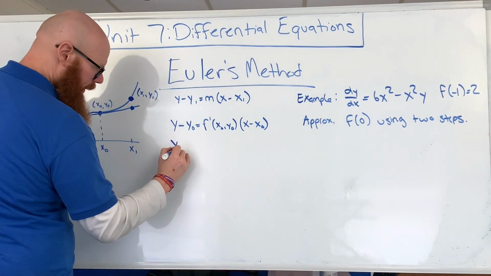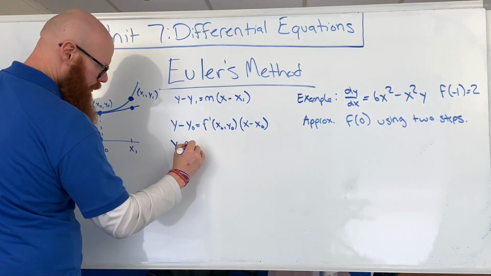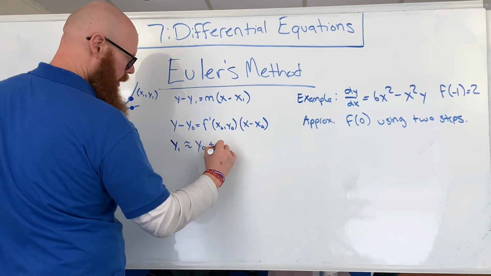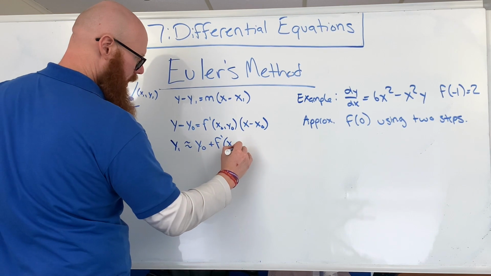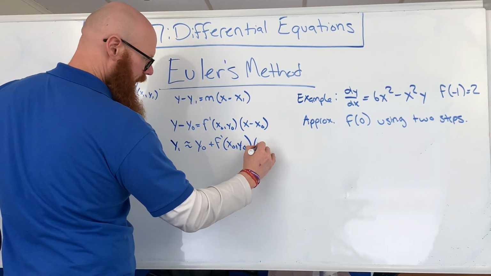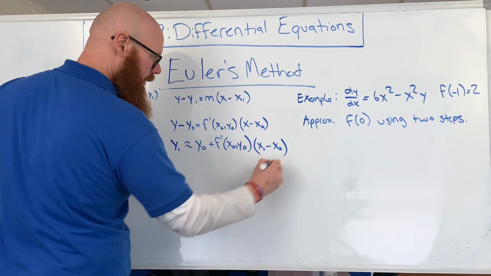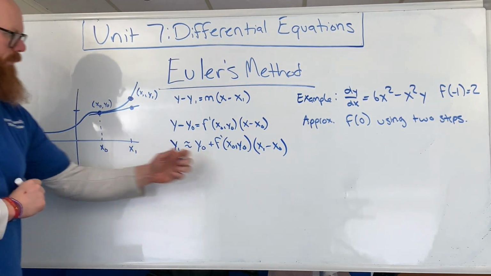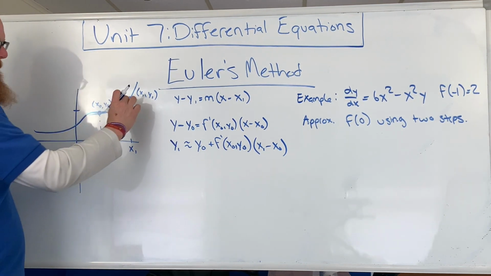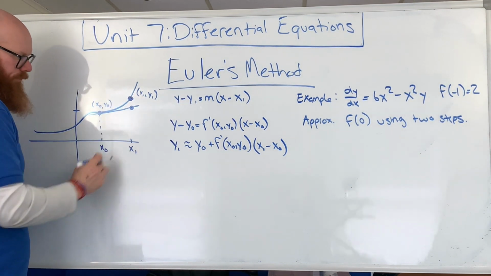So what we end up getting is y1 is approximately equal to y naught plus f prime of x naught, y naught, times x1 minus x naught. So this is a way to approximate this, but it might not be the best approximation.